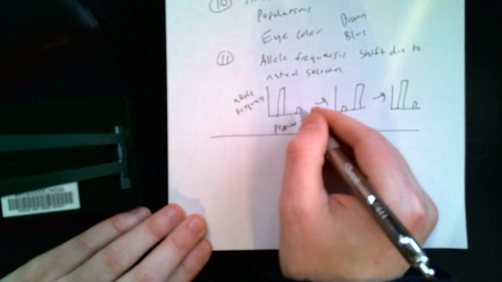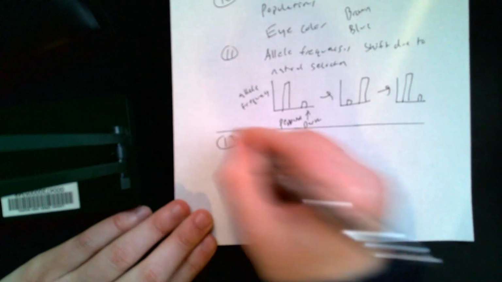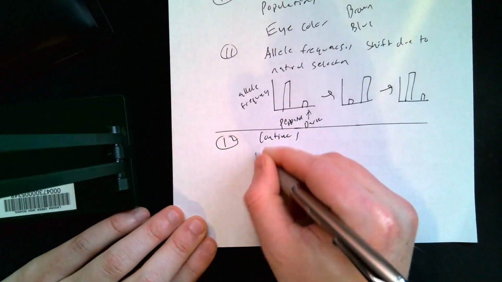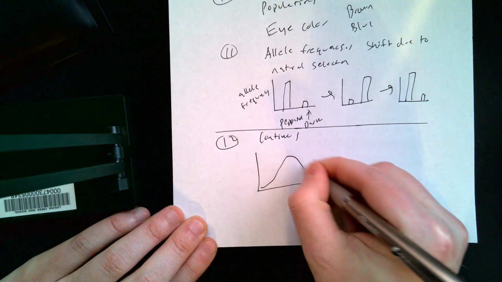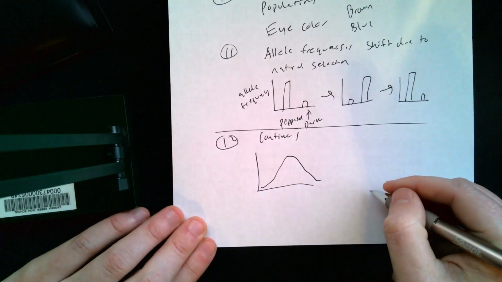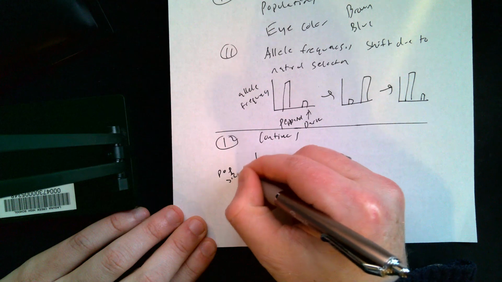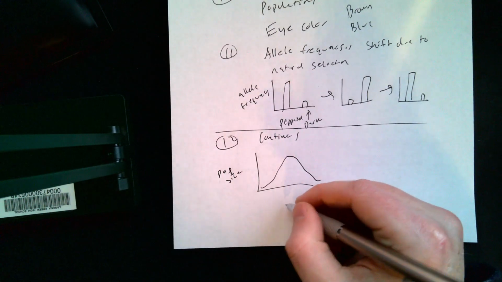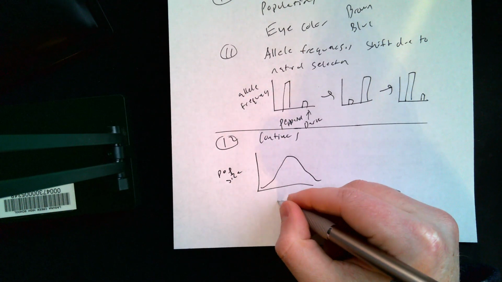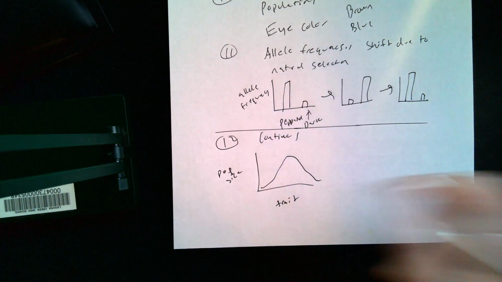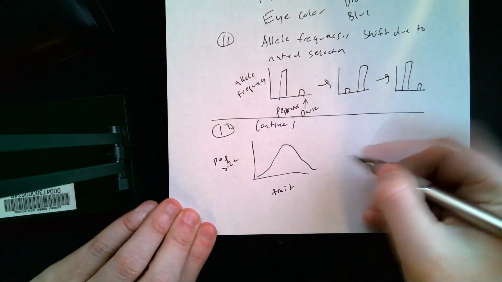Now, that's for a discrete trait. We learned that there are also continuous traits. And for our continuous traits, they look like this. They have the bell curve of the allele frequencies. So this would be like our beak size for our finches.